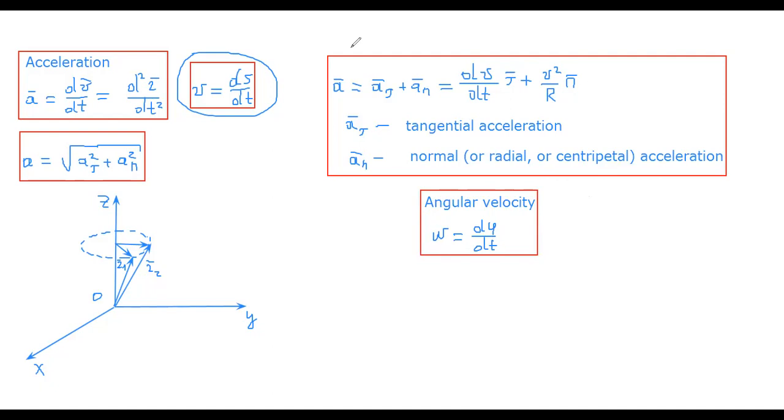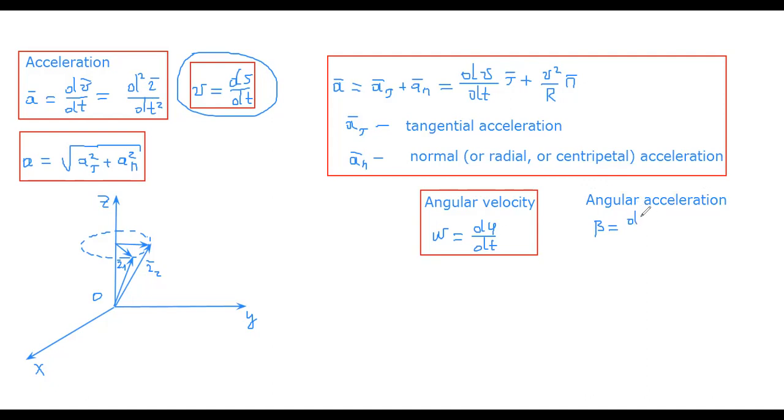In a similar way, we can define angular acceleration. Angular acceleration can be signed like beta. Sometimes it's signed like epsilon, but it is not a significant difference.